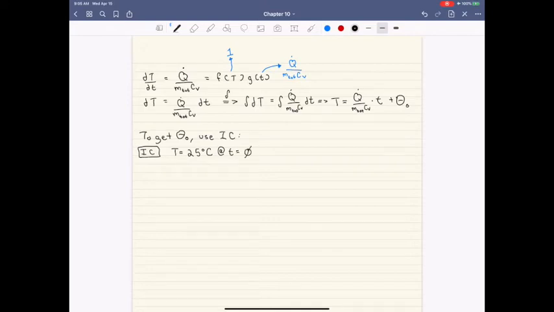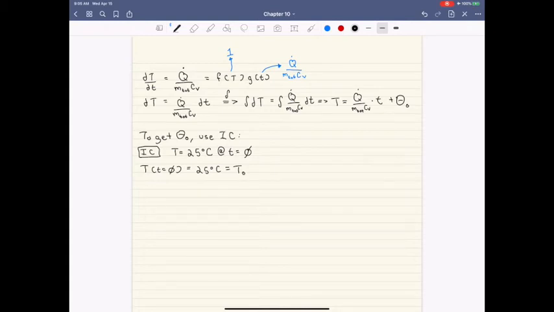So let's apply this initial condition so that we can solve for theta naught. So T at t equal to 0 is 25 degrees C, and just to keep everything symbolic, I'm going to call this T naught.